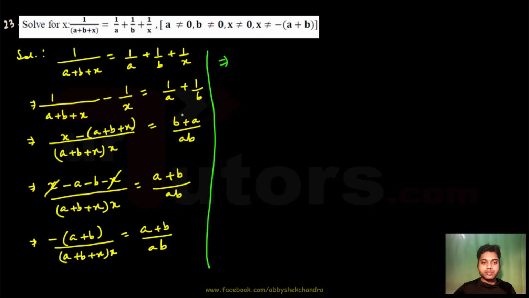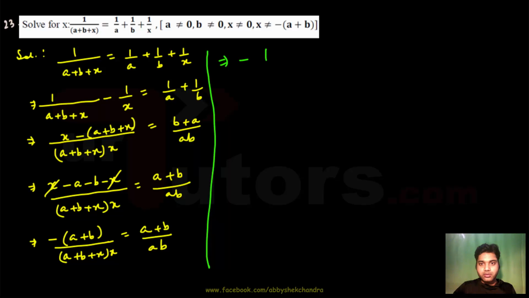Now a plus b we can cancel out because a plus b is not equal to 0. If it's not given, we are going to assume it here.